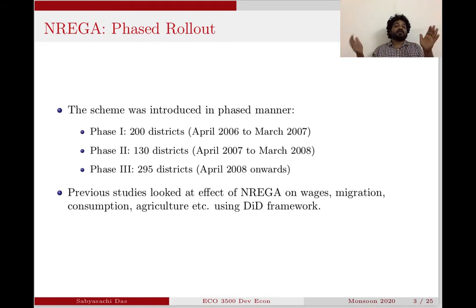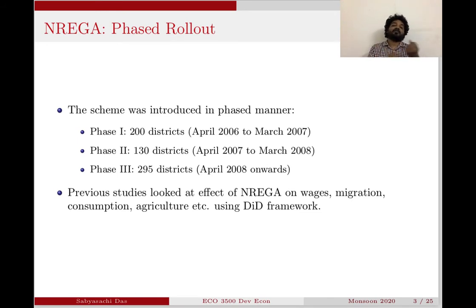But for 2006 and 7, we have a treatment and a control, even though the treatment and control districts are different in 2006 and 2007. But we can define a pre and a post for every phase. We can check pre versus post in treatment versus control for the first 2 phases. Okay, so that's the difference in difference. That's how they estimate it.